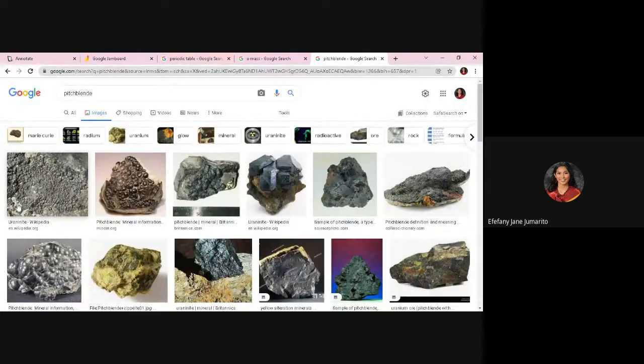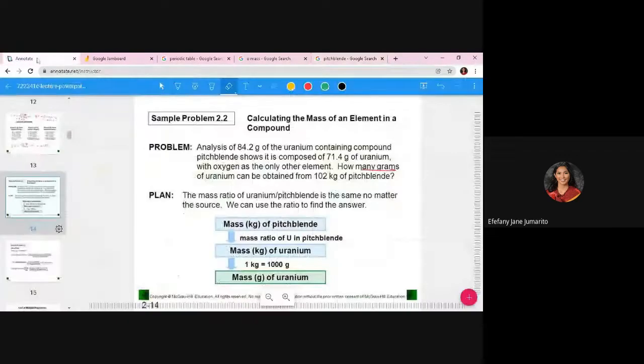So, in every 84.2 grams of pitch blend, 71.4 grams ana niya uranium. So, ang nabilin, oxygen. Okay, so daghan kay ang uranium no kaysa sa oxygen. Pila ka grams ang uranium? Pila ka grams na lang ang oxygen class?